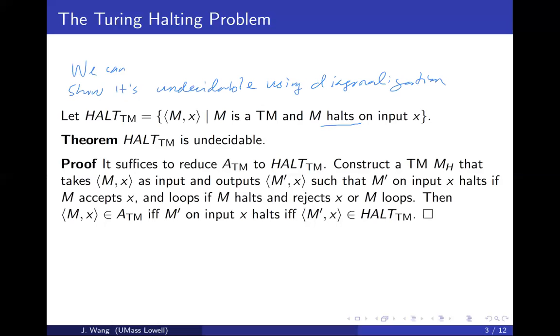But now we're going to reduce A sub Tm to halt sub Tm. Because A sub Tm is not decidable, as we proved last time using diagonalization, then we know that halt sub Tm is also not decidable.